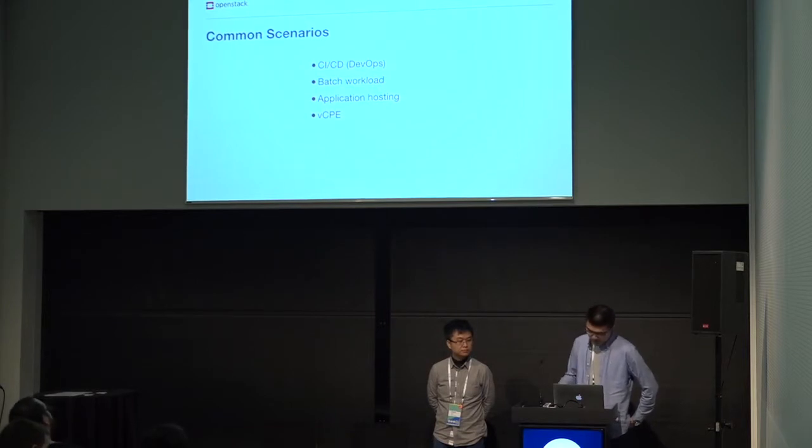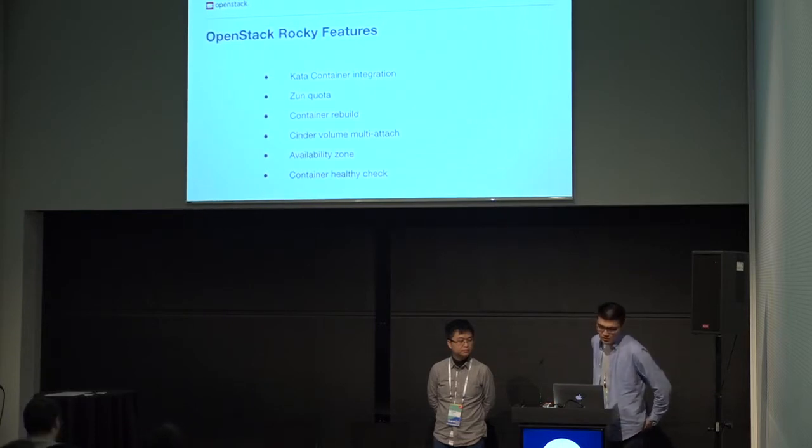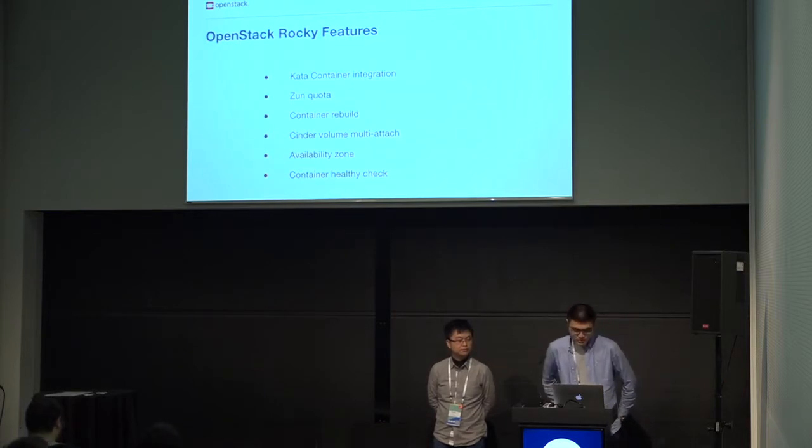We will talk about it later. So you can see the features that we have already done: Kata Containers, Zun quota, container rebuild, single volume multi-attach, AZ, and container health check.